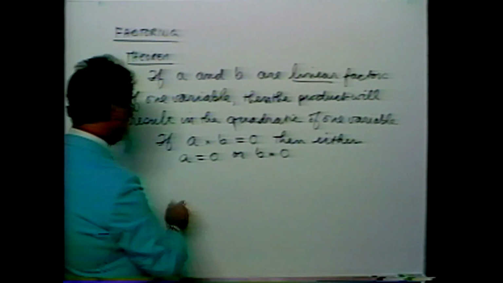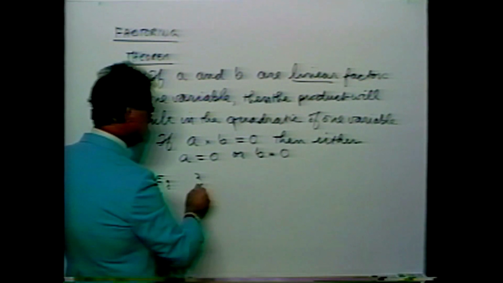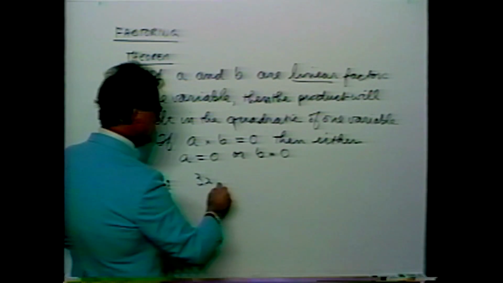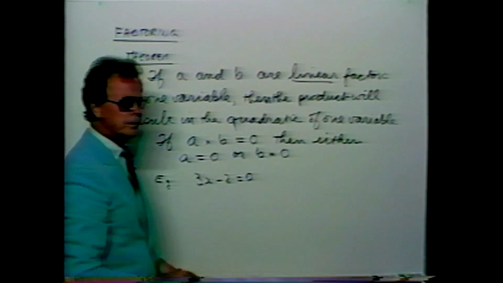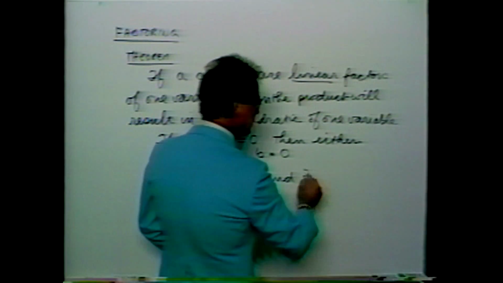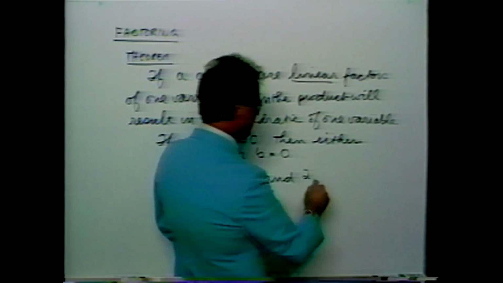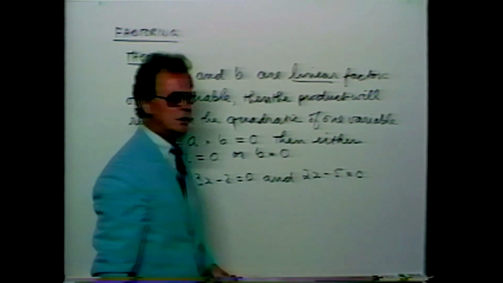For example, supposing we have the linear factor 3x minus 2 equals 0, and that 2x minus 5 equals 0.